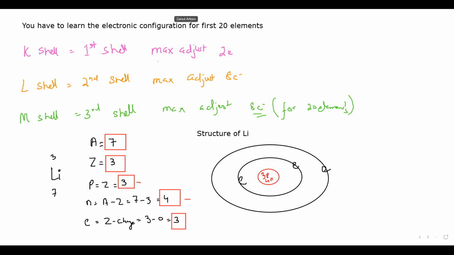We have to arrange a total of 3 electrons, but in the first shell we can adjust a maximum of 2. That's why in the first shell we arrange 2 electrons, then we draw the second shell and the third electron goes in the second shell. Any doubt in this part, the structure of the lithium atom?